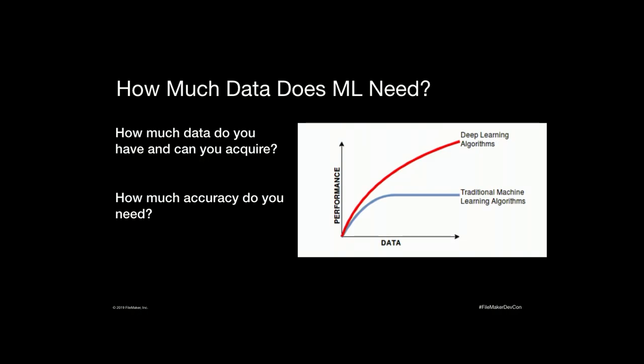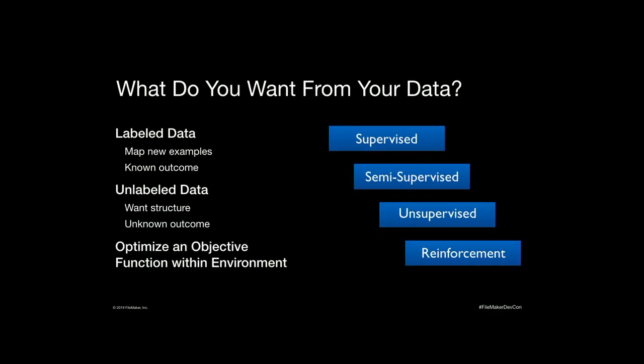Let's get back to what's your problem and what's your goal. And then we get into some of these other machine learning terms and what do you want from your data. So most of the examples out there, the business examples, are supervised and semi-supervised learning. And this involves labeling data, training a model, and then mapping inputs to outputs.